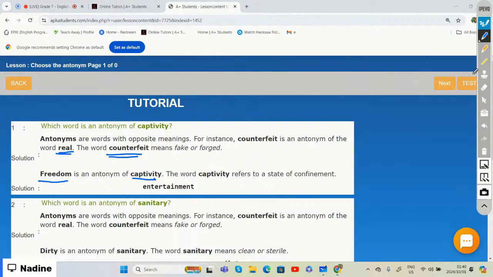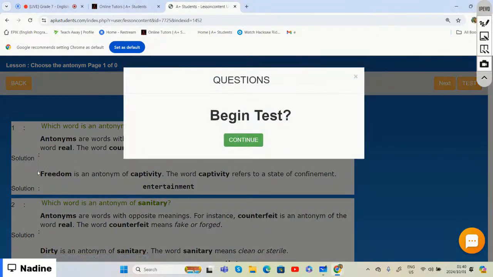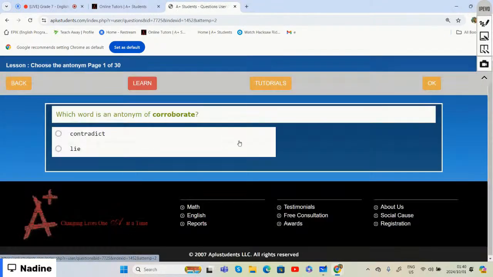All right, so now we might as well go to our test. And we need to choose the opposites, which is the antonyms, the opposite of the words.